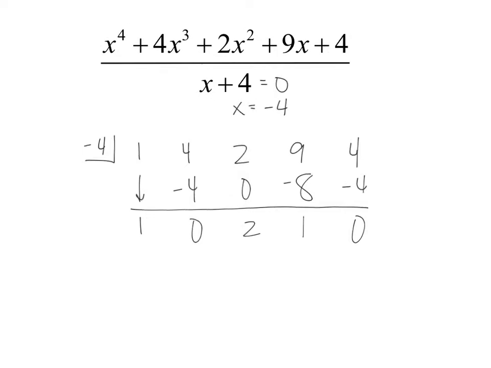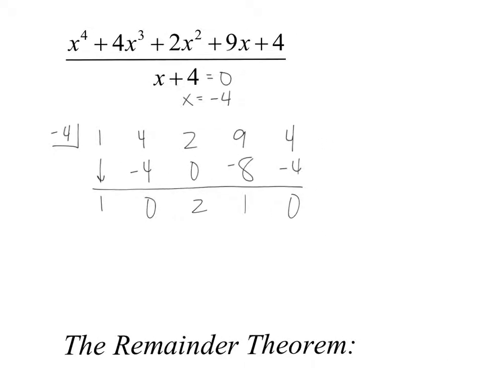And again, remember what this means, or what did we just find? Remember, this is the remainder, the last number in the long division, or synthetic division. And what does it mean to have a remainder of 0? Doesn't that mean that it divides evenly and there is no remainder? And so, again, now I just have to fill in the x's.